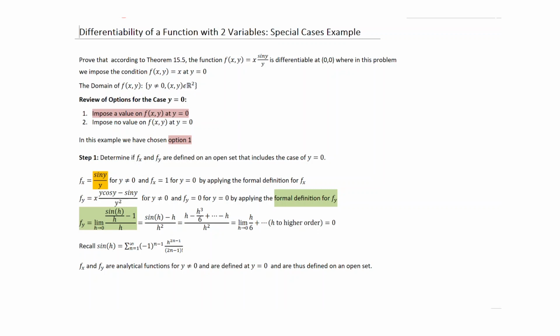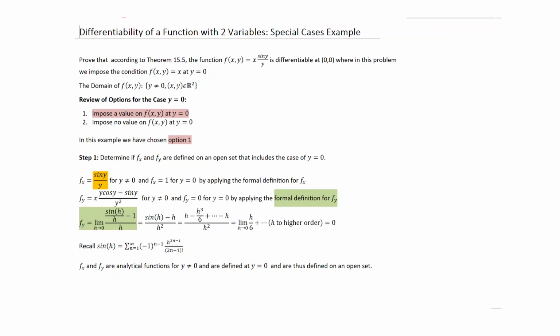All right, so we now want to go through the process of proving differentiability. The first step is to determine if f partial x and f partial y are defined on an open set. That includes the case of y = 0. So for f partial x, it'll be sin y over y for y not equal to 0, because the function's perfectly well behaved.